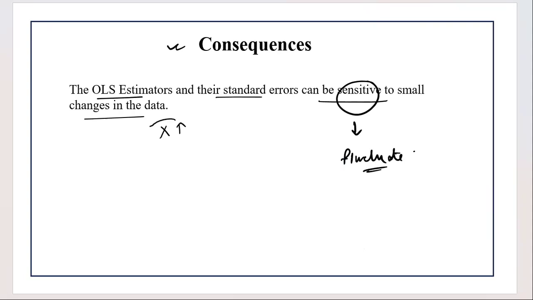If a small amount of X is changed, then the value of the estimators and the standard errors will either increase a lot or decrease a lot. Under multicollinearity, usually they will increase, right? Because we have already said that standard error is going towards infinity, since variance is going towards infinity. So these are some of the consequences under multicollinearity.